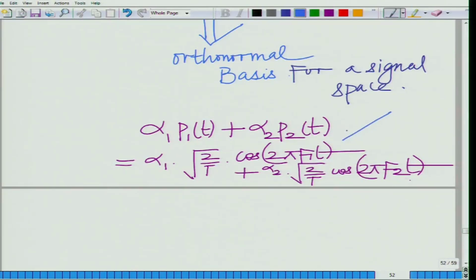So, this is basically your signal space, and they form an orthonormal basis for it.